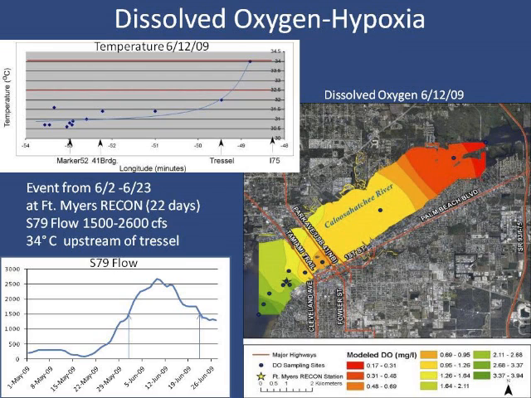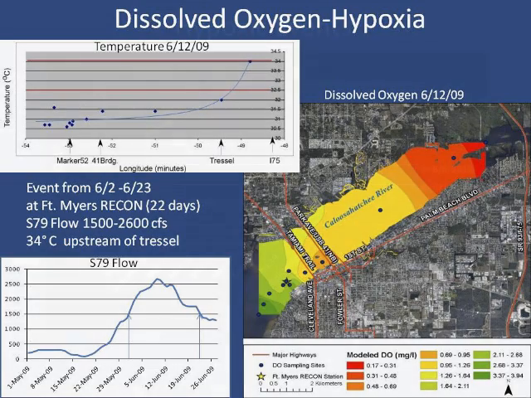The low oxygen level probably became apparent after we looked at the RECON data from that year and the real-time data. And it was occurring as the flows were increasing to 1,500 CFS.